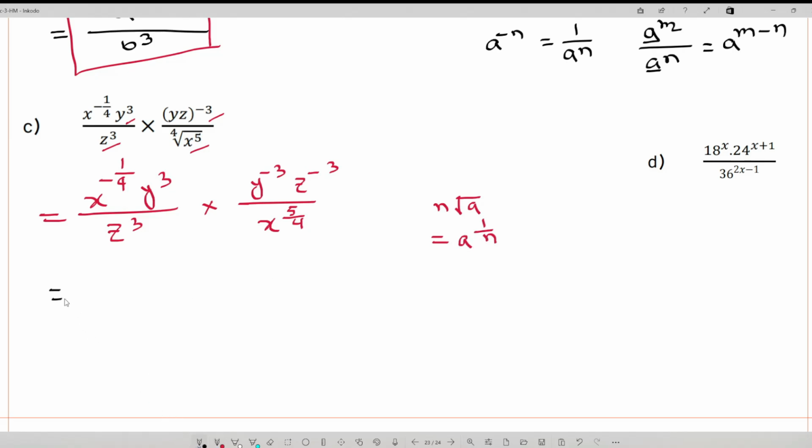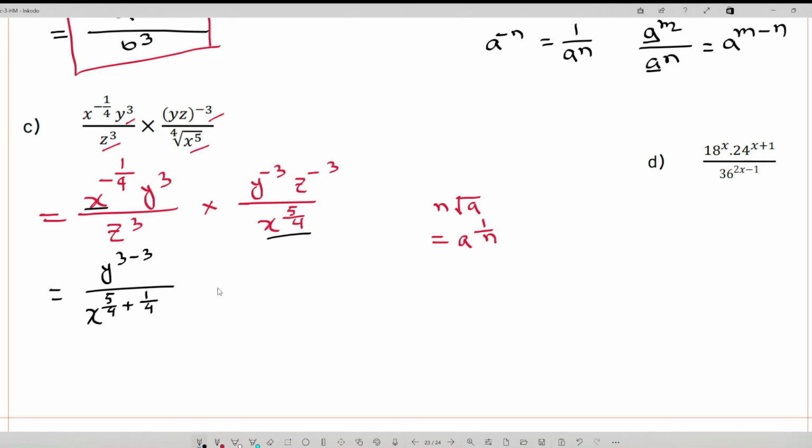Okay. Now look, we will not keep any negative power, so this x here is minus 1 by 4 and divided by x to the power 5 by 4. So we can write like this, x to the power 5 divided by 4 plus this minus 1 by 4 will become plus 1 by 4. So x part done, and y, it will become y, here is 3 and here is minus 3.